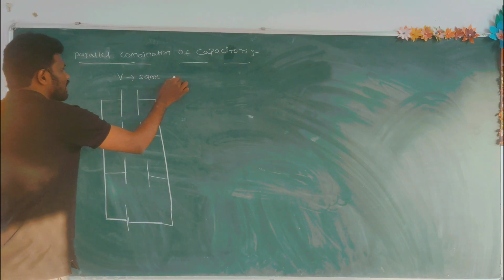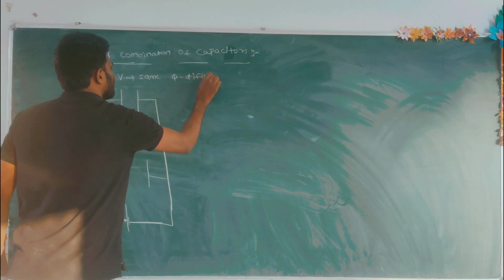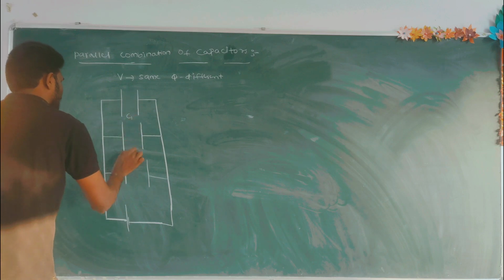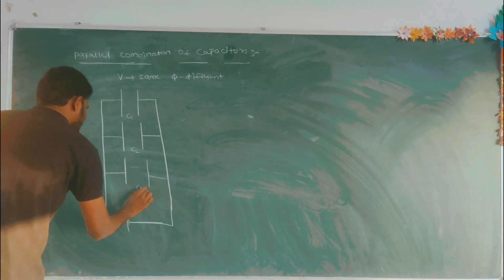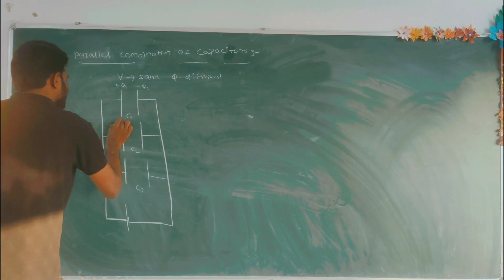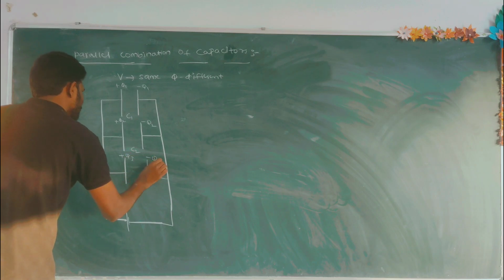Here V is the same but Q is different. The charge on the capacitor plates is different. So this capacitor has capacitance C1, this one C2, this one C3. They will have the charges plus Q1 minus Q1, plus Q2 minus Q2, plus Q3 minus Q3.